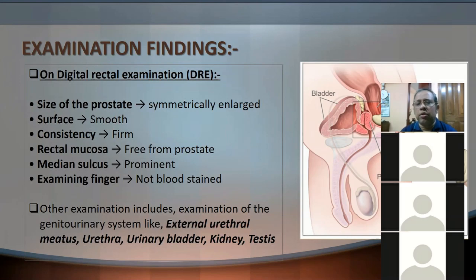That means you wear the gloves, have lubricant ready, and after that you introduce the index finger of the right hand into the rectum. It is very important. Never ever push the digit directly into the rectum. First, you palpate the anal bulge.